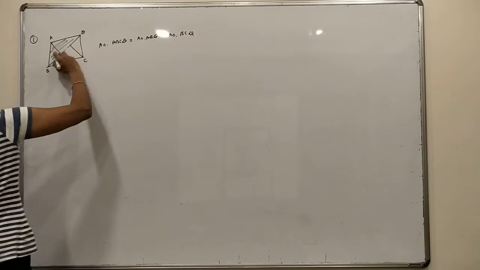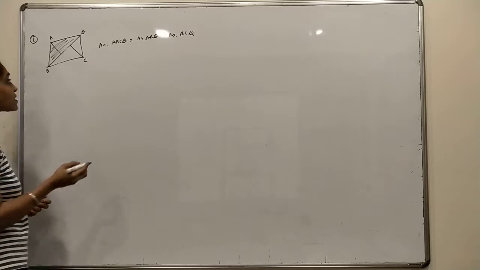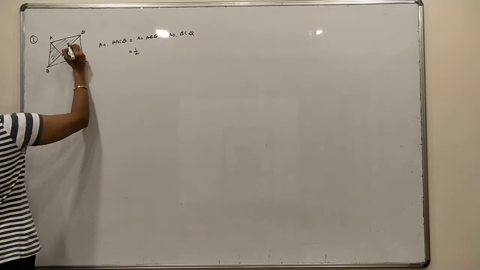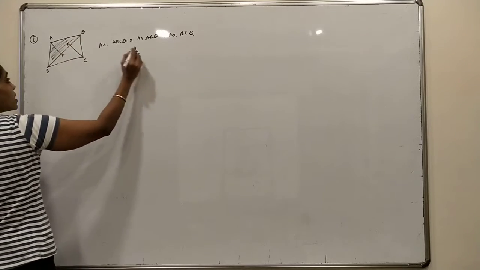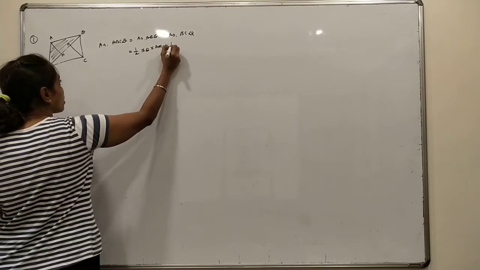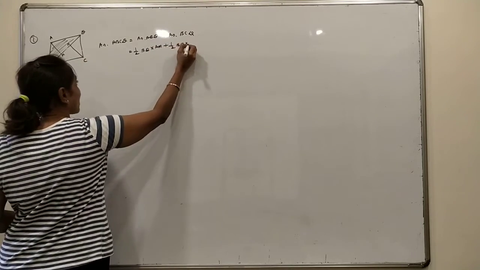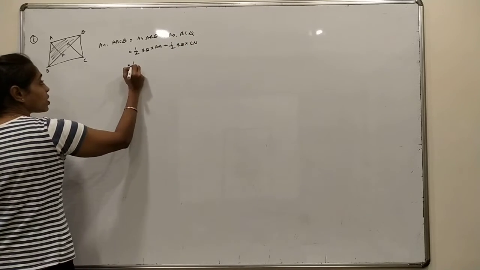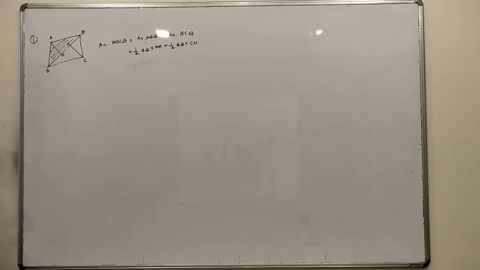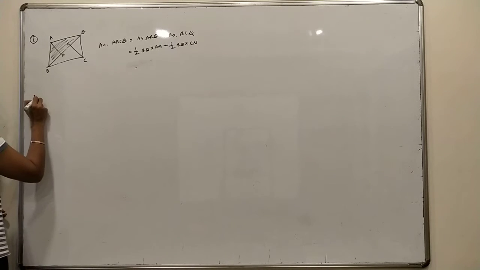And you know 1/2 of base into height, where M and N are the feet of the perpendiculars. So base is BD into height AM, plus 1/2 of base BD into height CN. So 1/2 of BD is common. It's just any kind of random quadrilateral.